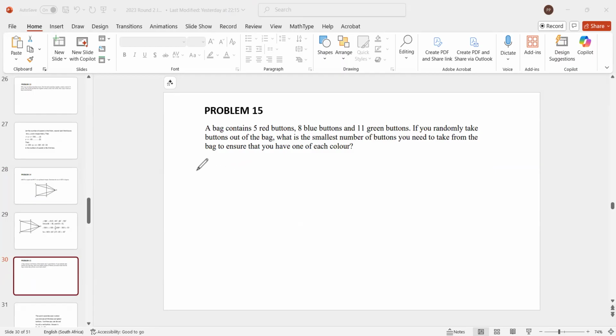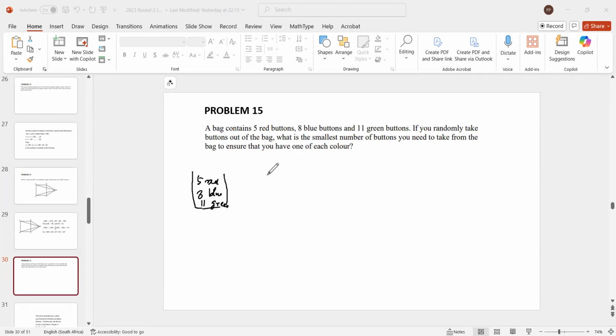So you got a mixture, 5 red, I'm going to put an R for red, and 8 blue. These are names. We're not multiplying 5 and R. 8 and 11 green. Might as well make it quite clear.